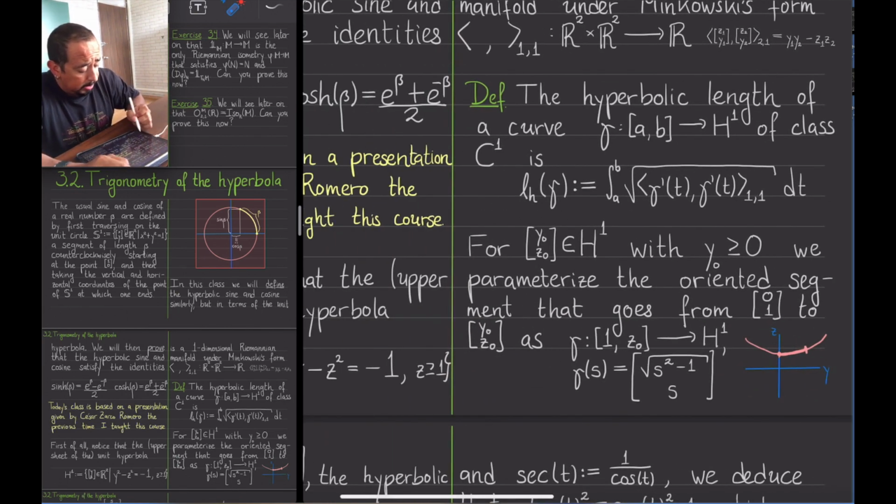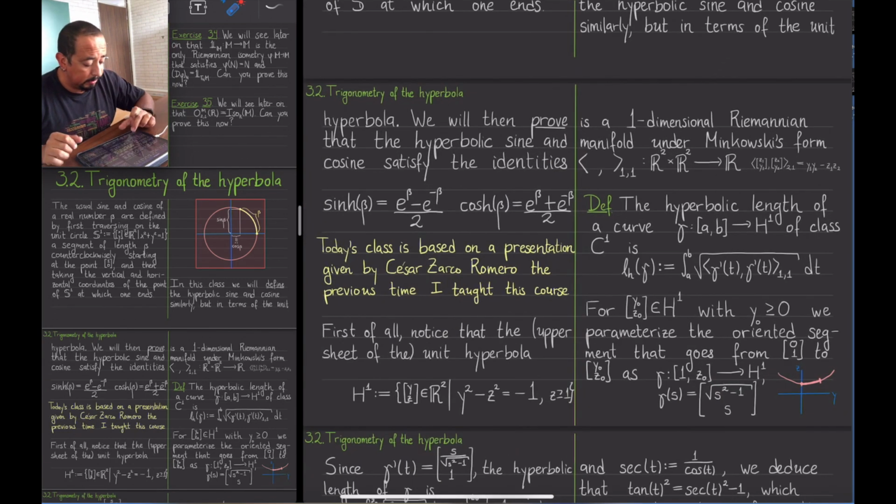So go from this point to this point, and one thing you can do to parameterize is with a curve whose domain is the interval 1 to z0, so this little interval, and then in the second coordinate, well, it's just s, and then you solve for y.